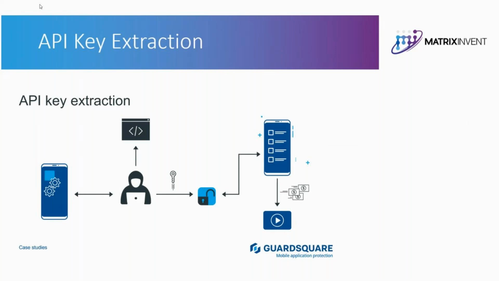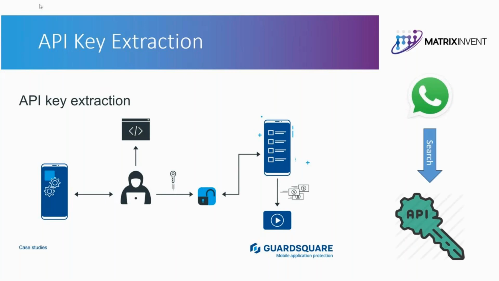Or the attacker can distribute the API key publicly, which can result in a loss of money for the targeted company. For instance, the attacker accesses the source code of WhatsApp and then searches for the API key and retrieves it. The attacker can then use the paid service in other applications for free.